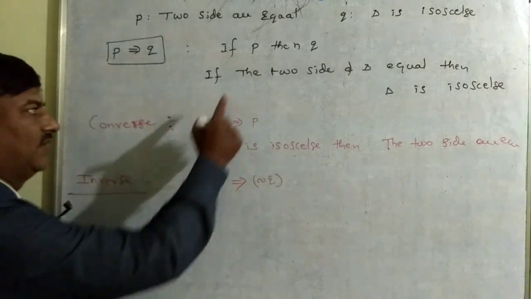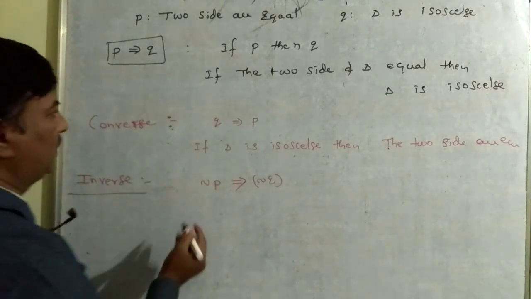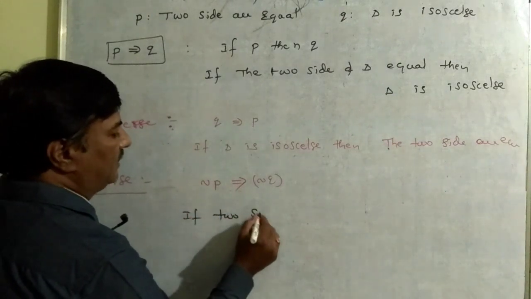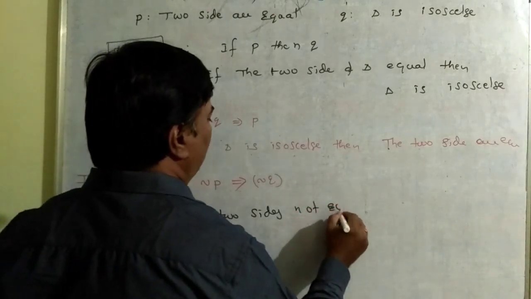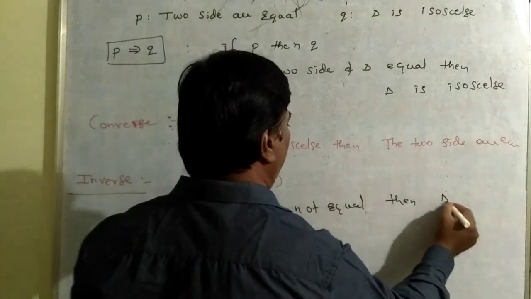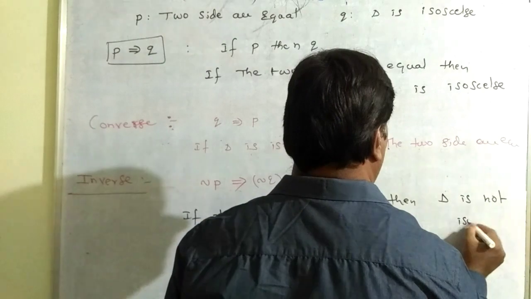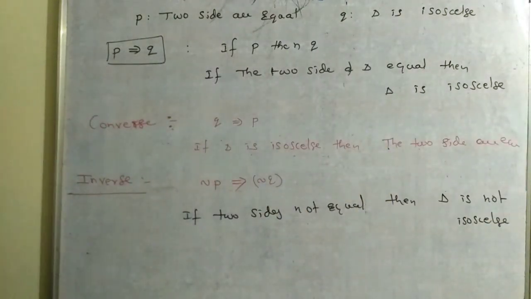That means the example of the inverse is, we'll get: if two sides are not equal, then the triangle is not isosceles.